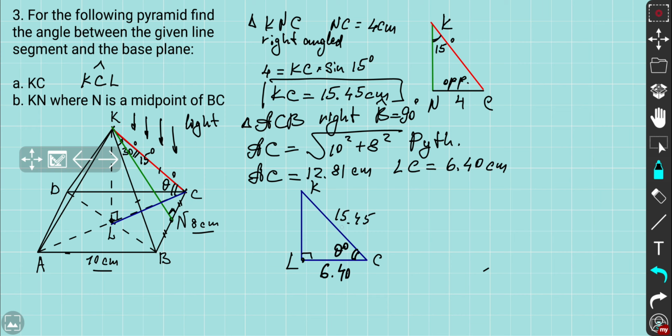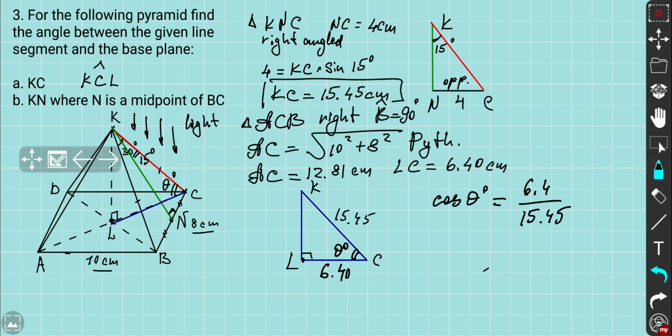That was the first part of the problem. What we can do: adjacent side over hypotenuse. We're going to use the cosine rule because that's the adjacent side. So cos theta is going to be 6.4 over the hypotenuse, which is 15.45.